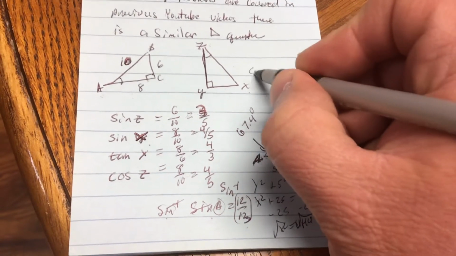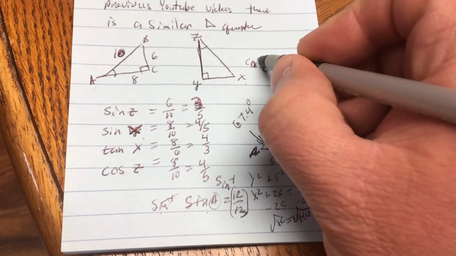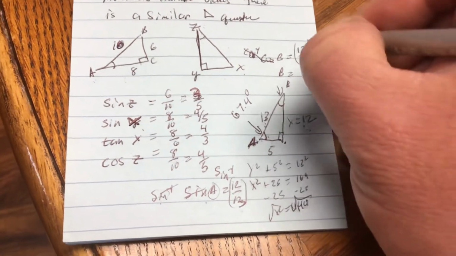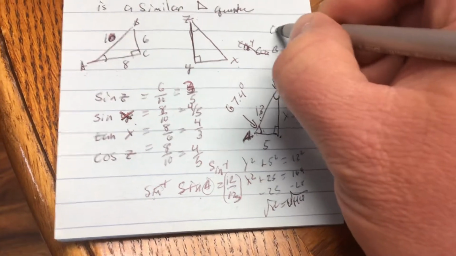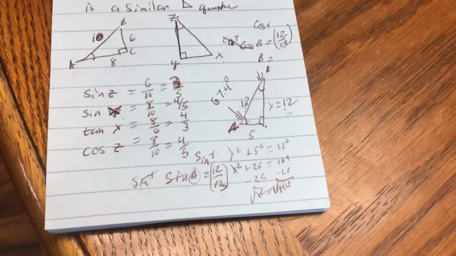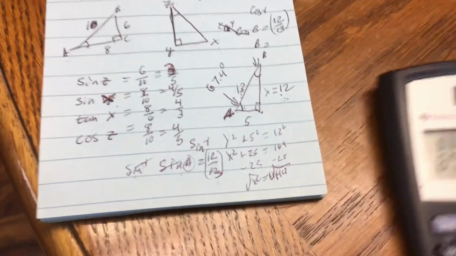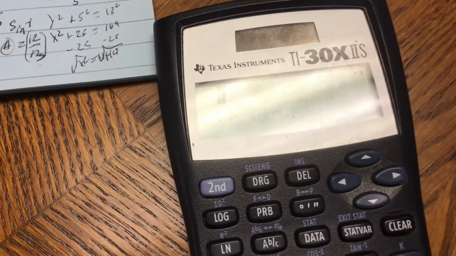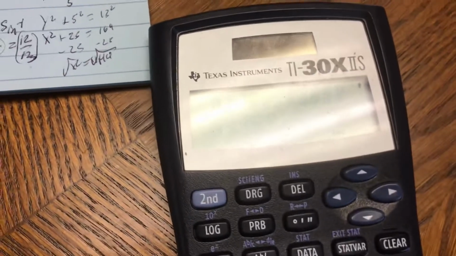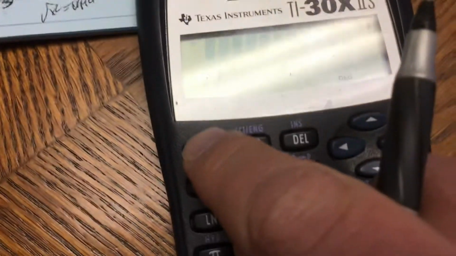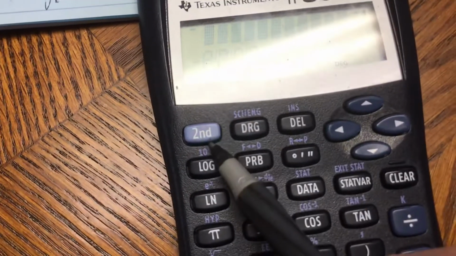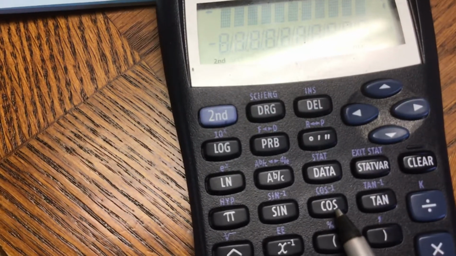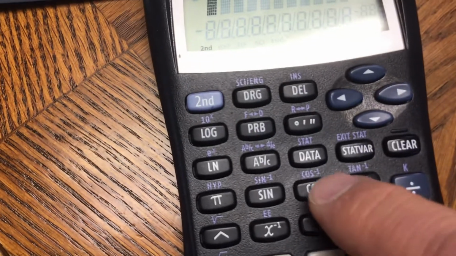So again, take the inverse cosine of both sides, cosine to the -1, and those will divide out. I'm left with B, the angle measure, which is what I'm looking for, equal to cosine to the -1 of the other side, which is inverse cosine on your calculator. So back over to the calculator to show you how to do it. I hit second, and then cosine, which gives you cosine to the -1.